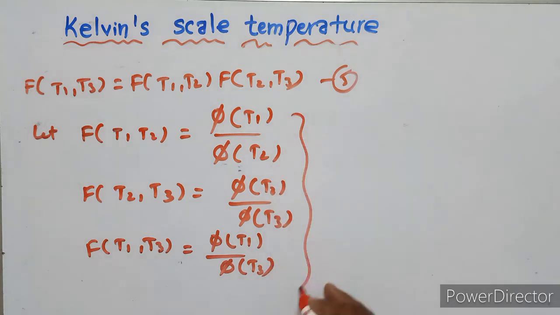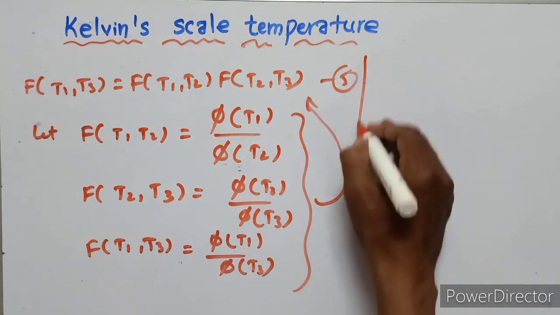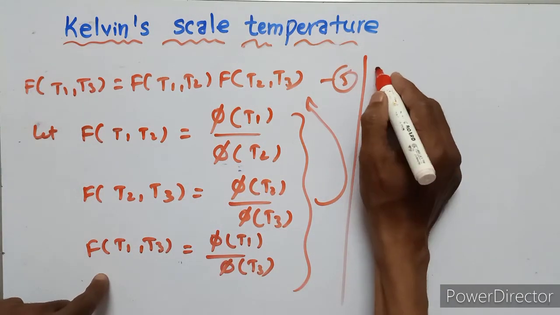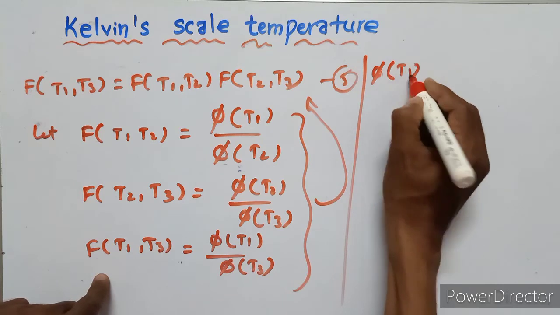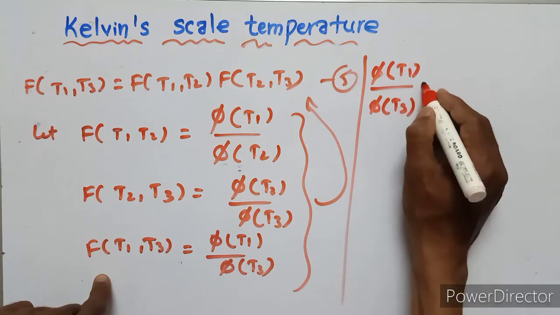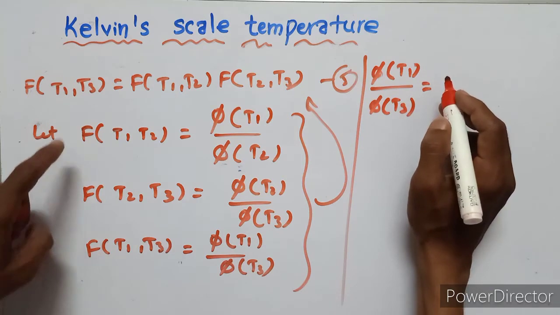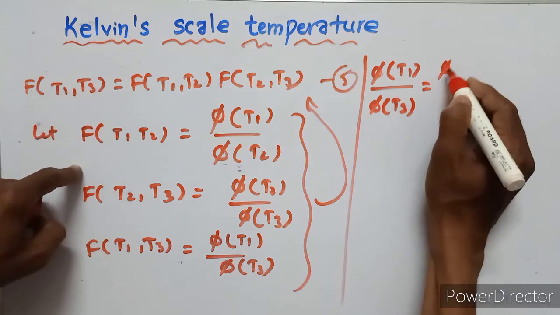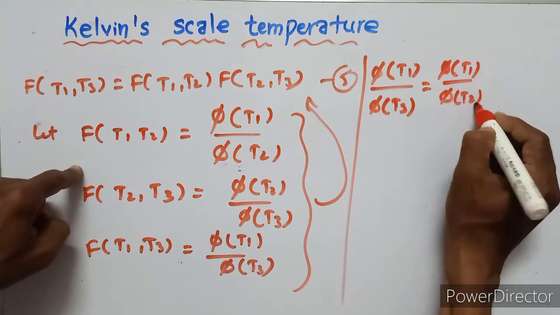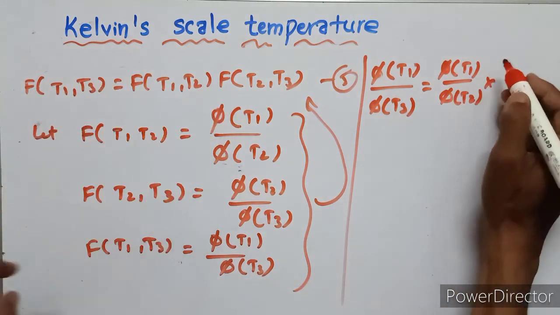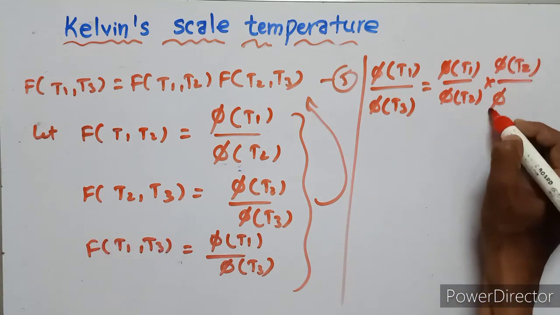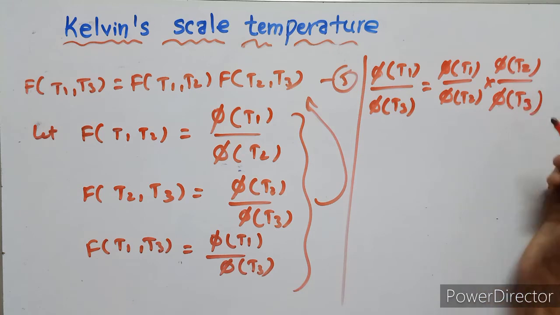These values are substituted in this equation: phi of T1 upon phi of T3 is equal to phi of T1 upon phi of T2 into phi of T2 upon phi of T3.